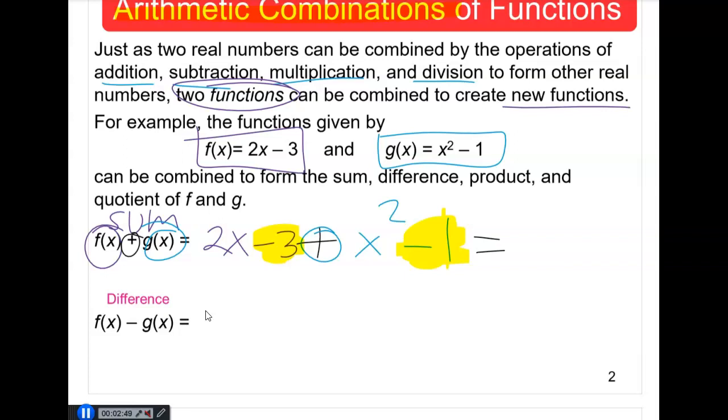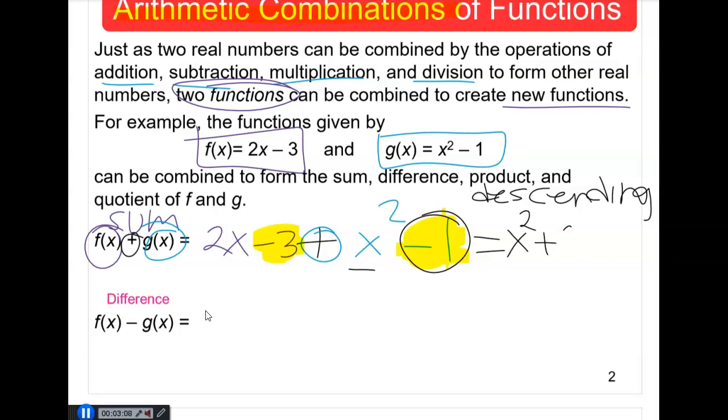And then we're going to write it in descending order, meaning that we start with the term of the highest degree and then go to the one of lowest degree, which will always be the constant terms. So we start with positive x squared. Then we're going to have plus 2x from here. And then we have -3 minus 1, so that will be -4. And that will be the first example.